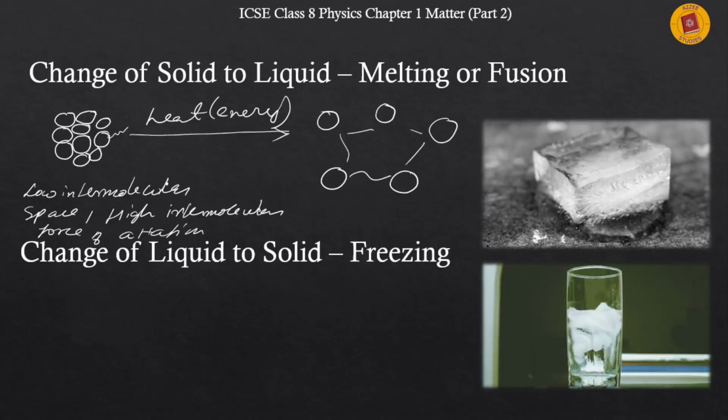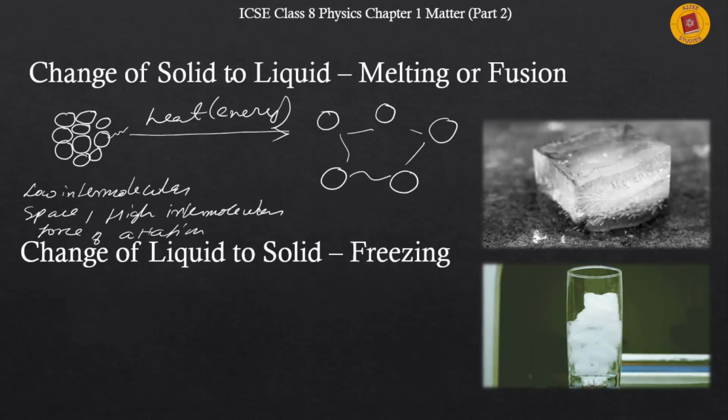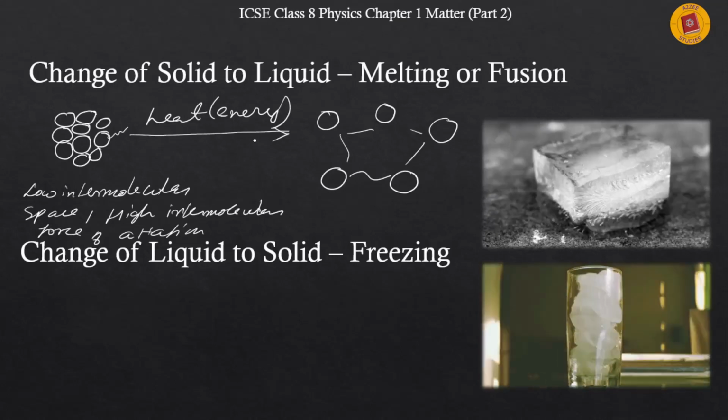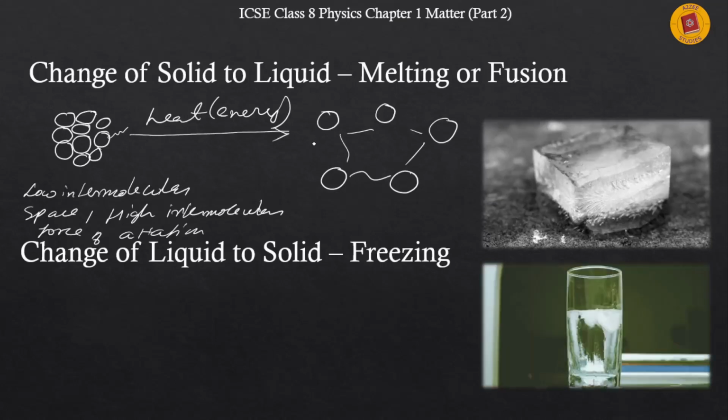So we are just adding energy, and a time comes. What is that point? That point is known as the melting point or fusion point. For pure substances it is fixed. We will read about the properties in later slides.